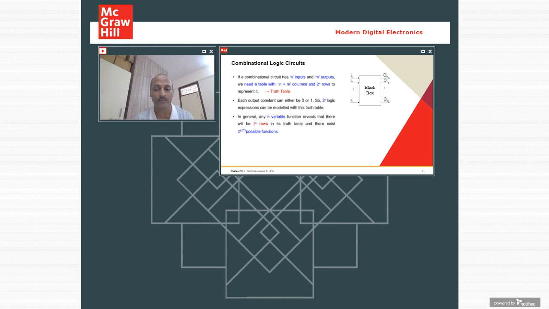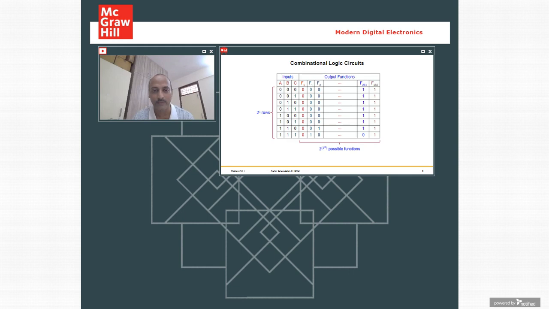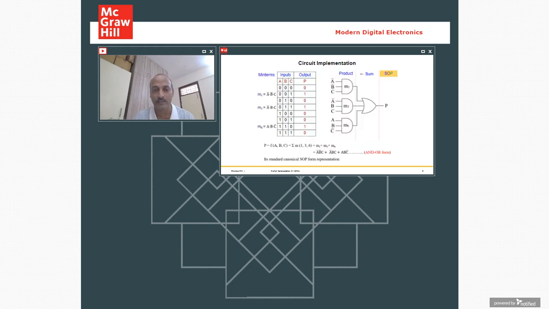So when there are n inputs, 2 to the power n rows will be there, and corresponding to each output bit pattern, there will be 2 to the power n possible functions. So the total number of functions which we will be able to write is 2 to the power 2n. Okay. So your circuit will be very, very generic.